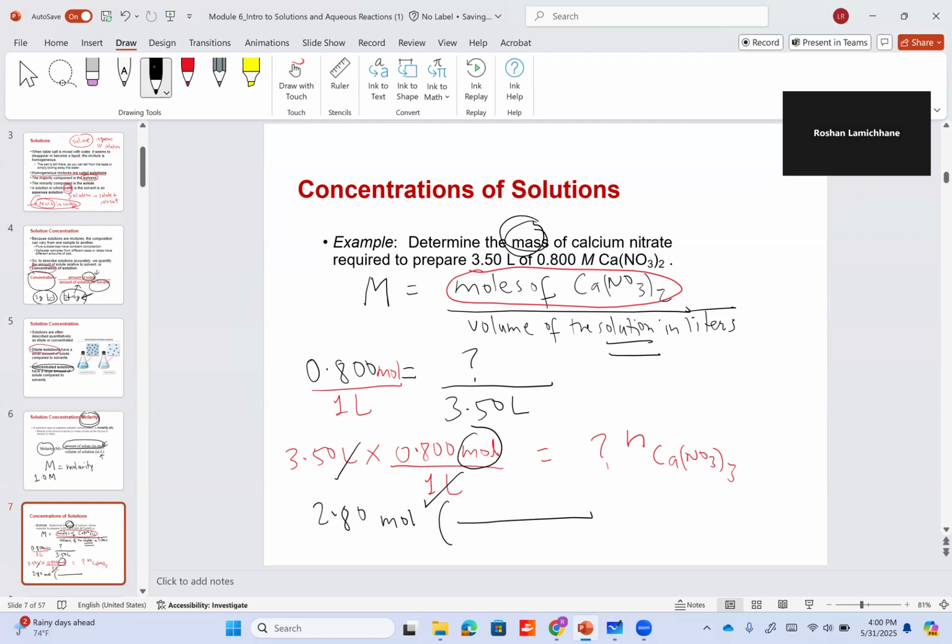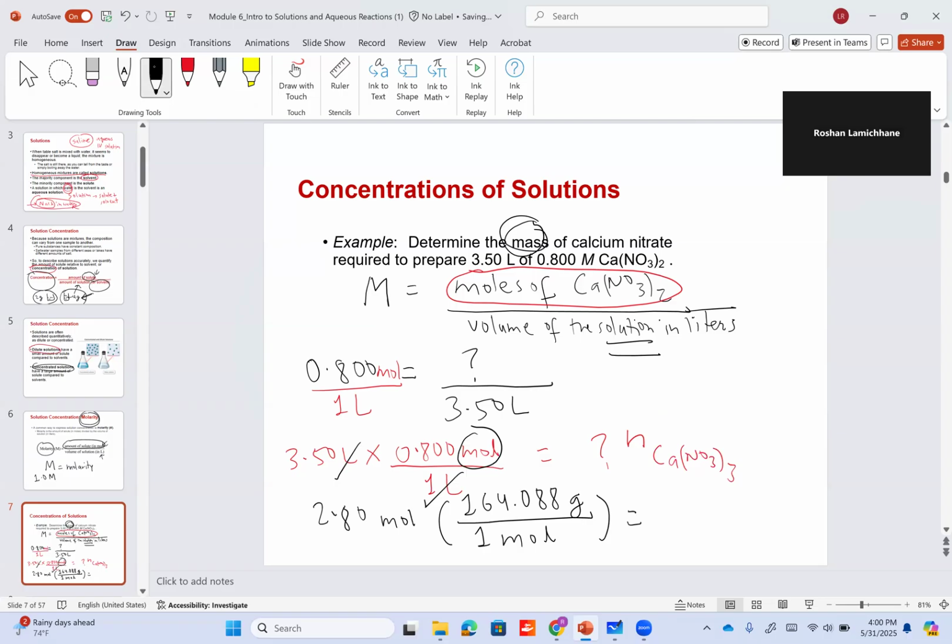All I do is take the molar mass of calcium nitrate, which is 164.088 grams of calcium nitrate in 1 mole. If you want to round it down to 164 grams per mole, that's probably fine with me, as long as you have your final answer in 3 sig figs.